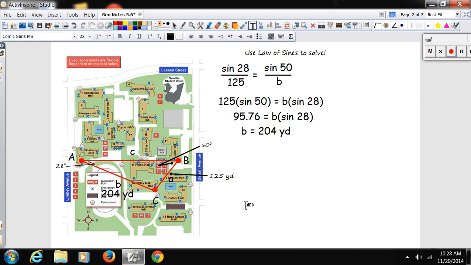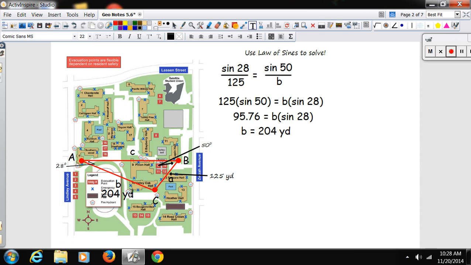That's side B. So now do you notice I have both A's and I have both B's? But I don't have any C's. How can I solve it if I don't have any C's? You got to find one of the C's first. Which C could you find with the information you have? Not the side. Angle. You have two angles, and what do we know about all three in a triangle?